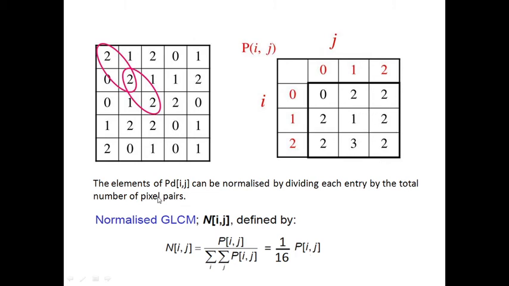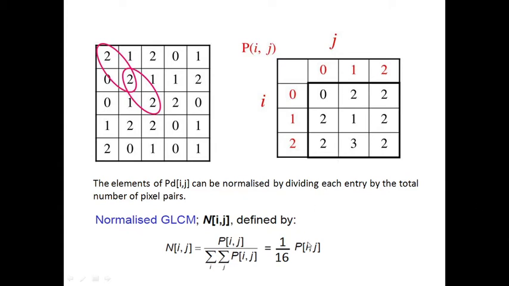So the elements of the GLCM can be normalized here. Why do we have to do the normalization? The GLCM is not a symmetric matrix, since the number of pairs of pixels having gray levels i comma j may not necessarily be equal to the number of pixel pairs having gray levels j comma i. That means i comma j may not be equal to j comma i. To overcome this, all the elements of the GLCM are to be normalized.